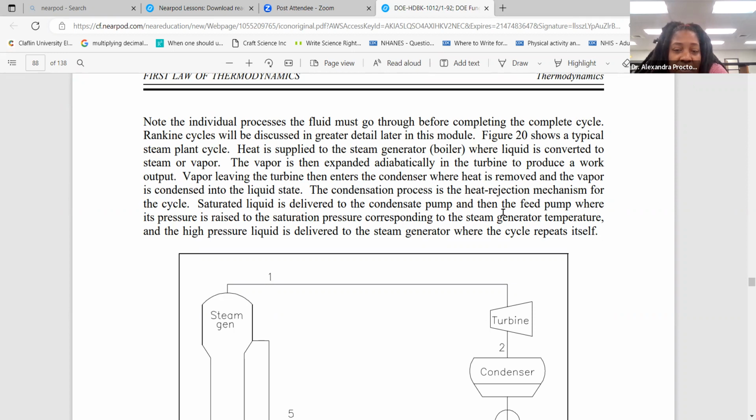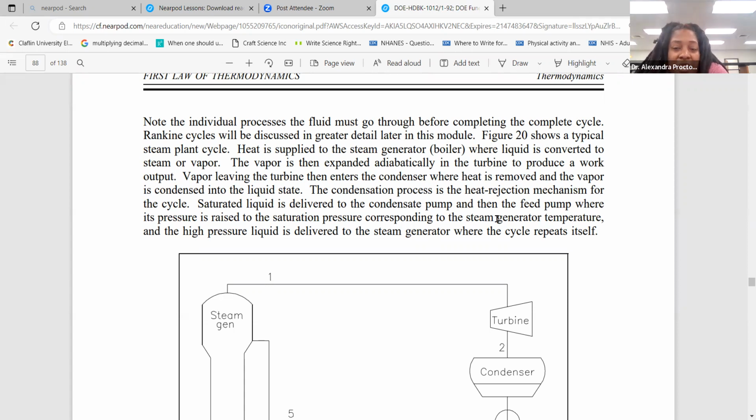The condensation process is the heat rejection mechanism for this, because you have vapor that is condensed into the liquid state.